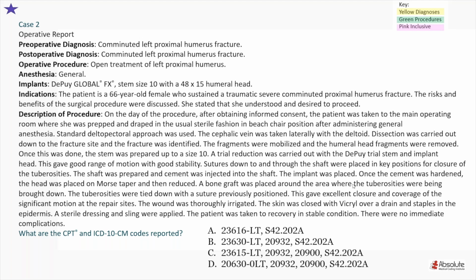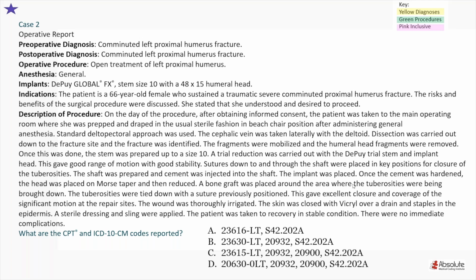Case 2, operative report. Preoperative diagnosis, comminuted left proximal humerus fracture. Postoperative diagnosis, comminuted left proximal humerus fracture. Operative procedure, open treatment of the left proximal humerus. Anesthesia is general.